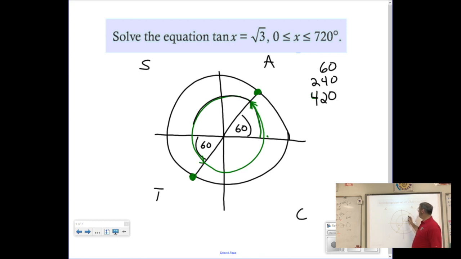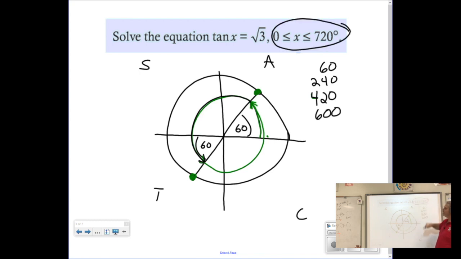And then one more this way. That's 180 more than this. So that would be 600 degrees. If I went all the way around, that would be another 180, which would be 780, and it's beyond my parameters from 0 to 720.